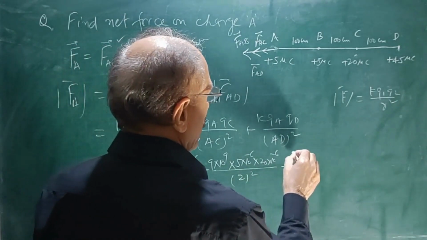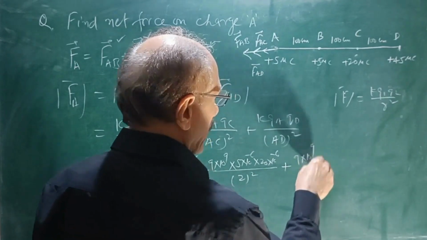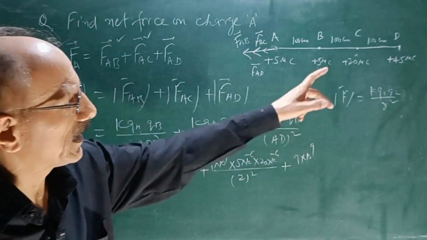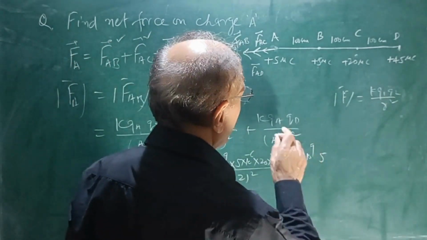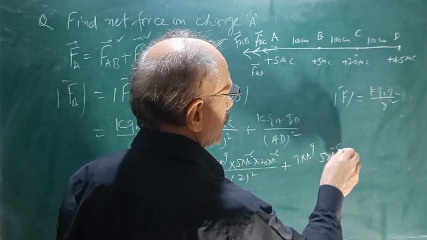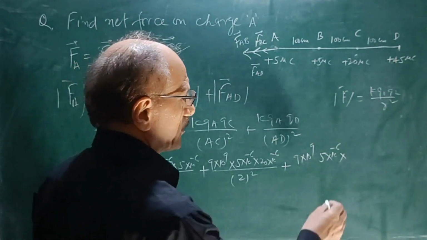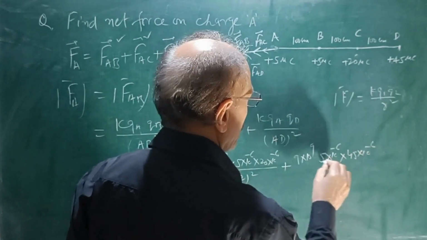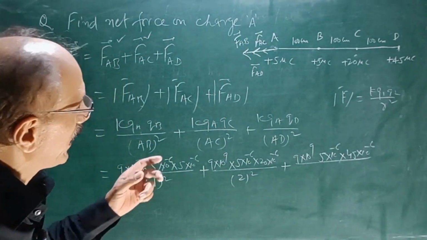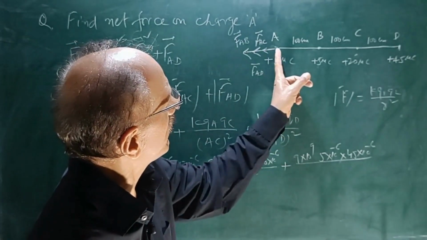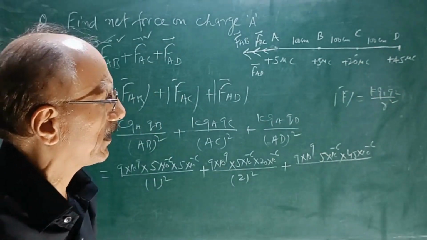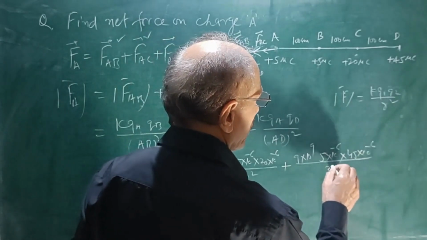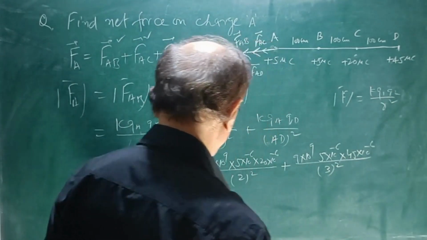Then again 9 into 10 to the power 9, QA is 5 into 10 to the power minus 6, QD is 45 into 10 to the power minus 6, upon the value of AD, from this to this, is 300 centimeter, that means 3 meter, squared.